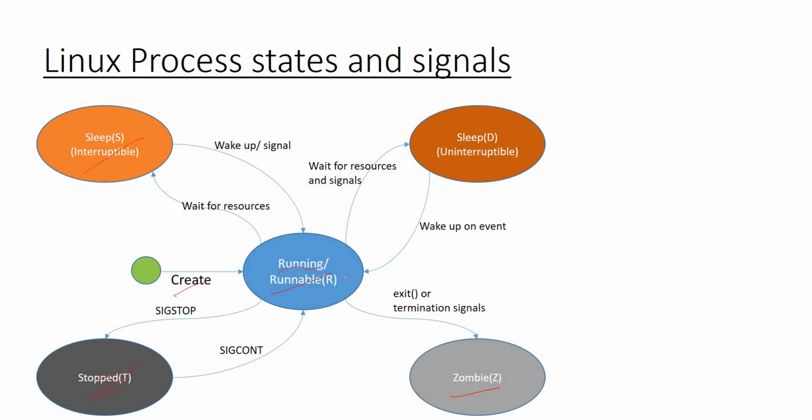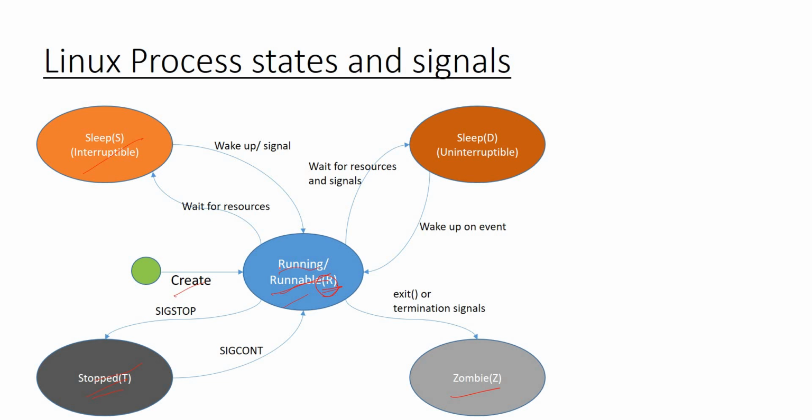That means it occupies some percentage of CPU cycles, but since the CPU executes multiple processes at a time, the process needs to wait for some time to get the CPU execution cycle. In that case, the process will be in runnable state. So the difference between running state and runnable state is whether the process occupies some of the CPU cycles or is waiting for the CPU cycle so that the process will be executed. Both running as well as runnable states are represented with symbol R.